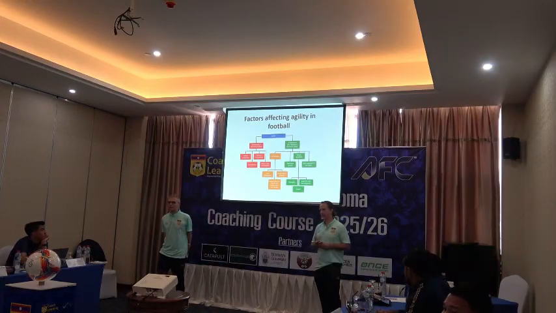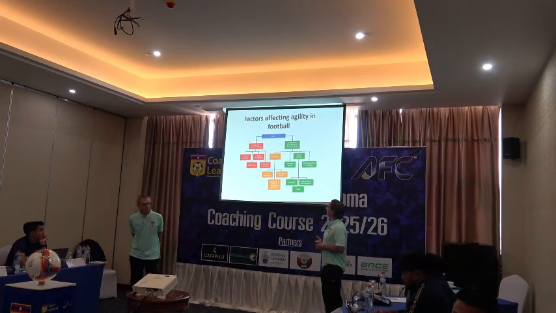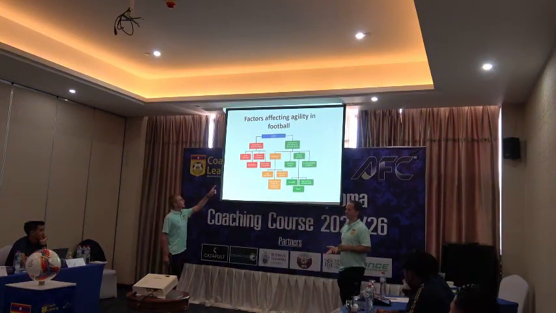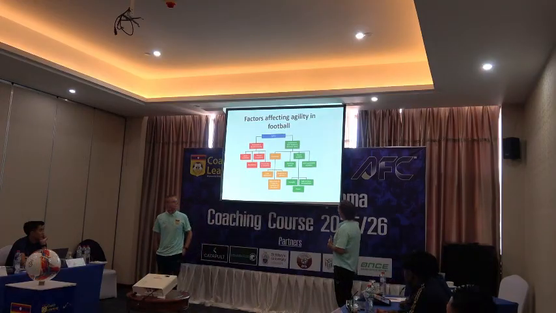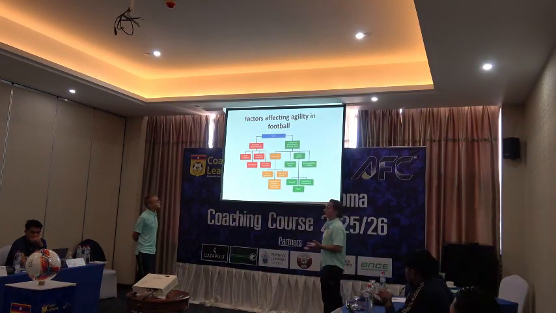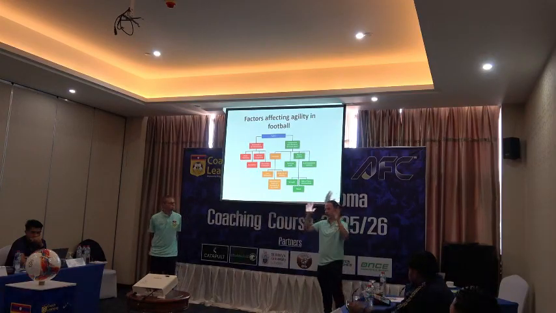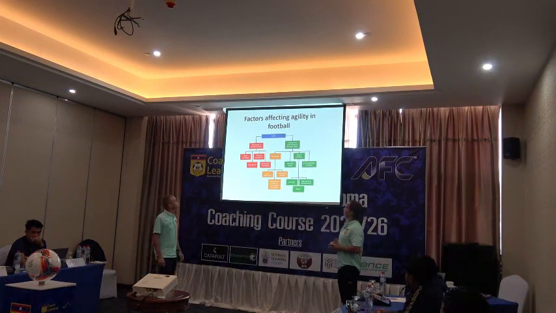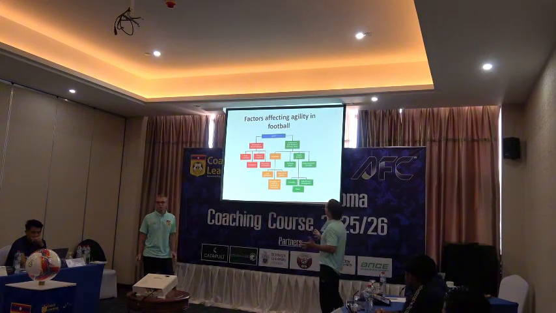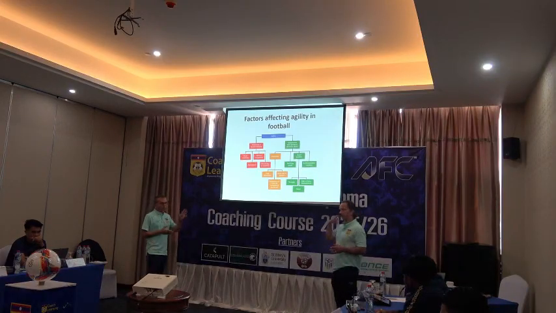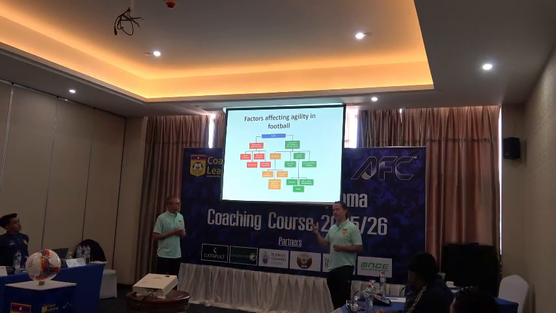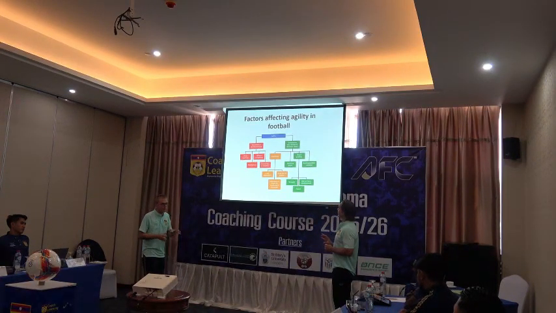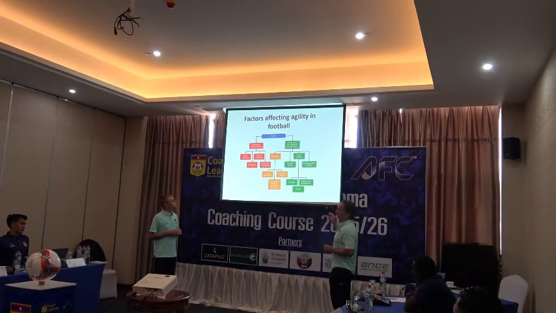And then there is the red area that we spoke about before. The perceptual and the decision-making part of being agile. Visual scanning, training the ability to recognize patterns, anticipation and knowledge of the situation.